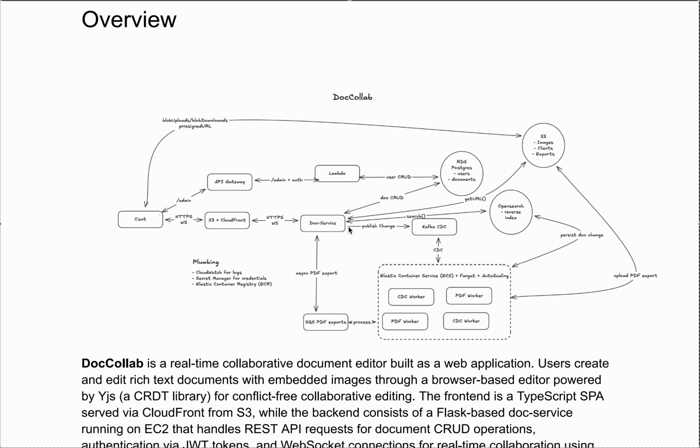When a user makes changes to a document, the doc service will publish the change to a CDC. On top of persisting it to Postgres, it would also publish that change to Kafka CDC, and a CDC worker in ECS is going to pick up that change, mainly around titles and content, and find keywords.